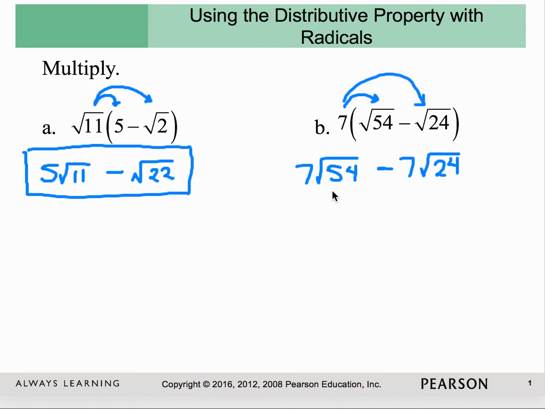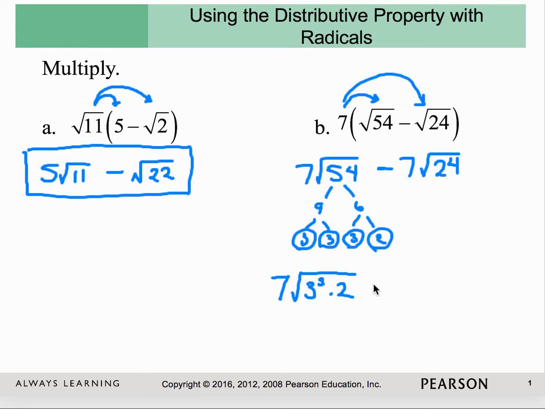So 54 I can rewrite as 9 times 6. So this is 3 times 3 and 3 times 2, right? So I can change this to 7 square roots of 3 cubed times 2.